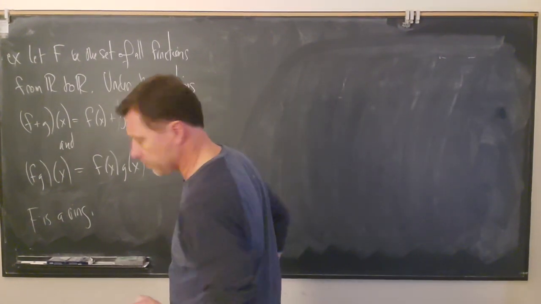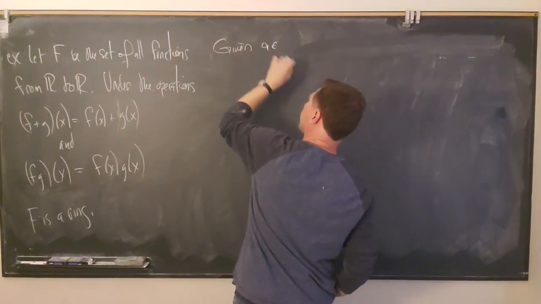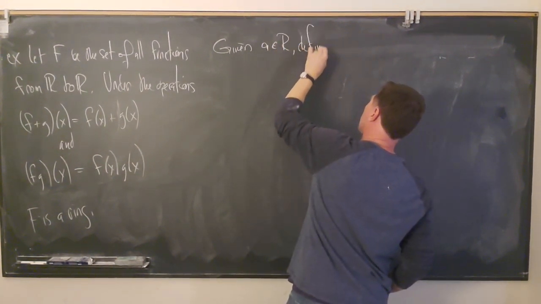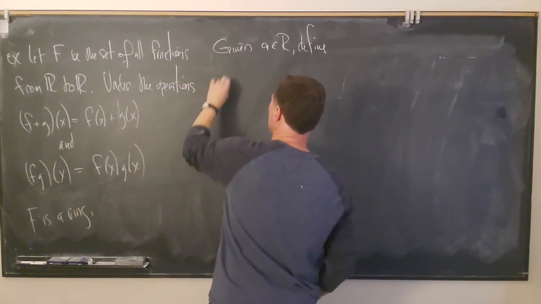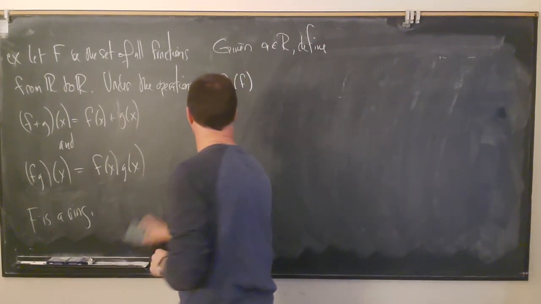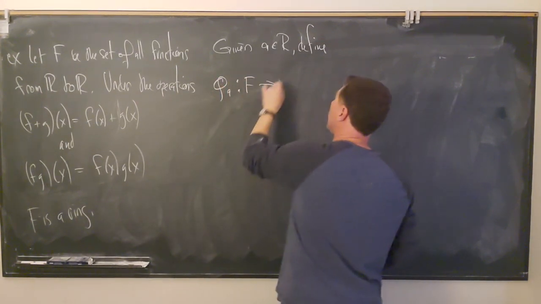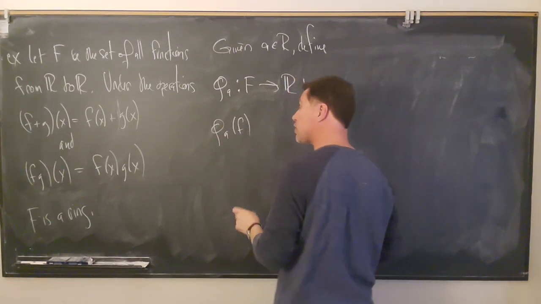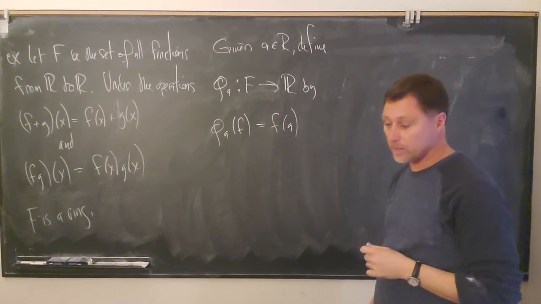So given little a in capital R, we'll use the symbol phi sub a. Define phi sub a from capital F to R by phi sub a of the function little f equals little f evaluated at a. So f of a.